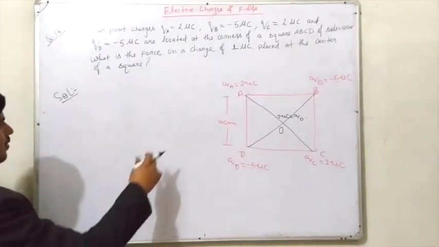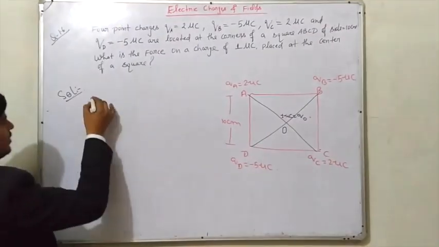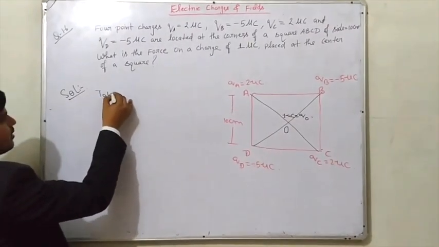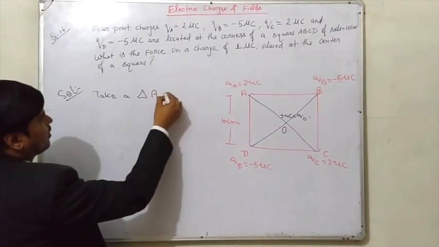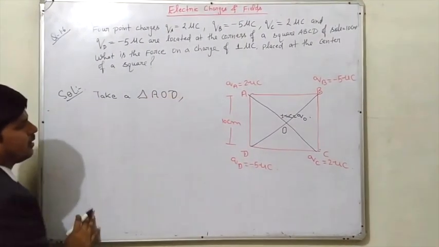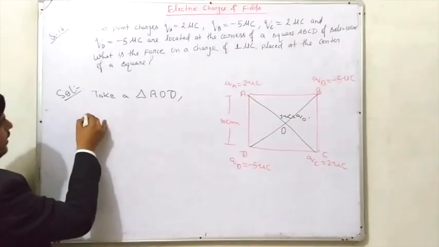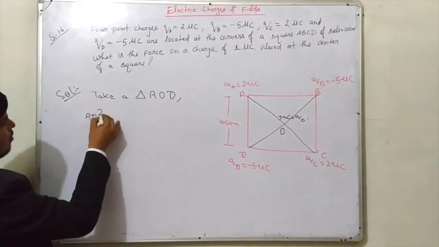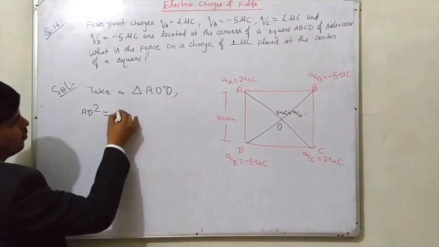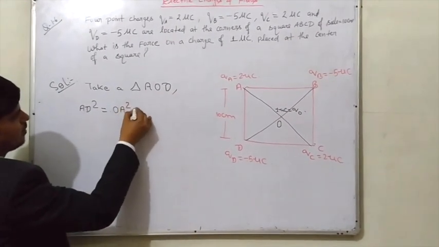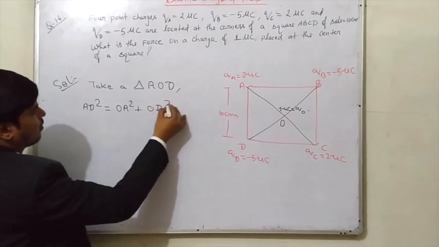Just take an example of this triangle AOD. AD square equal to OA square plus OD square.